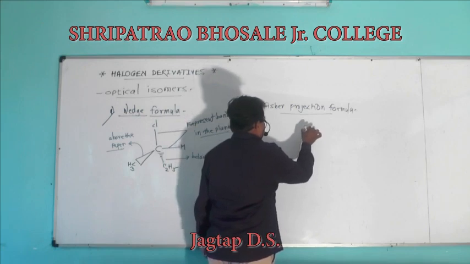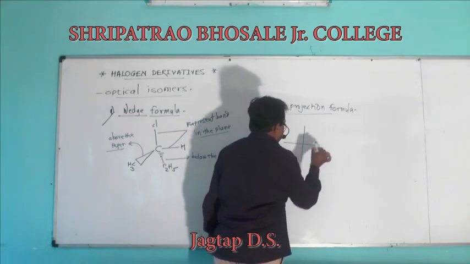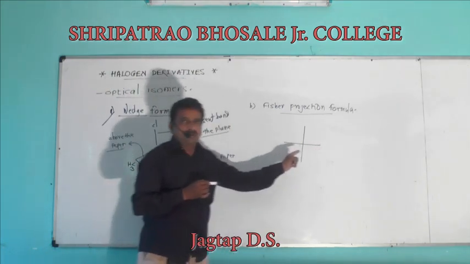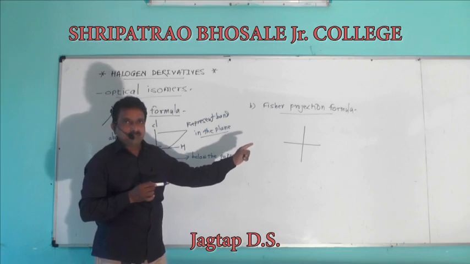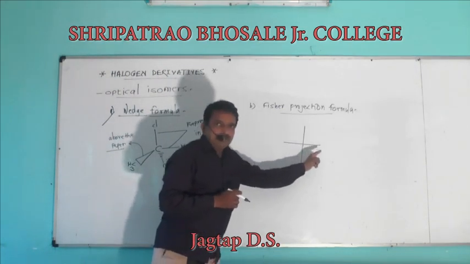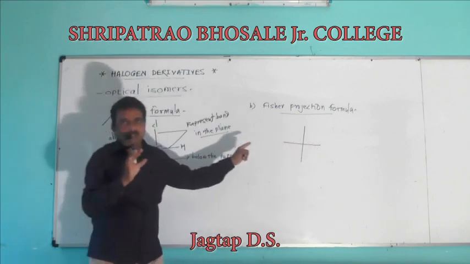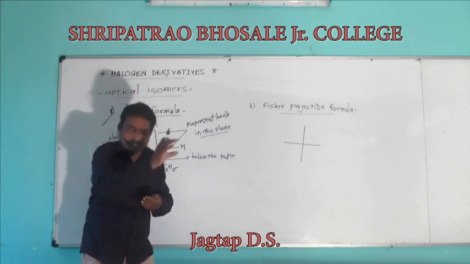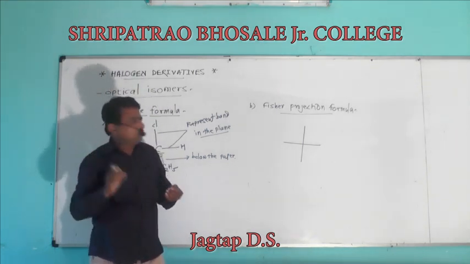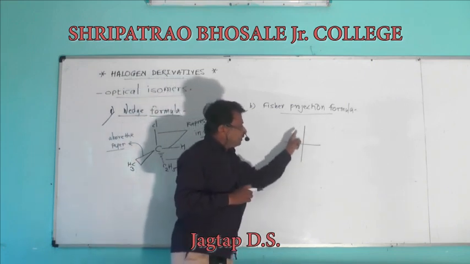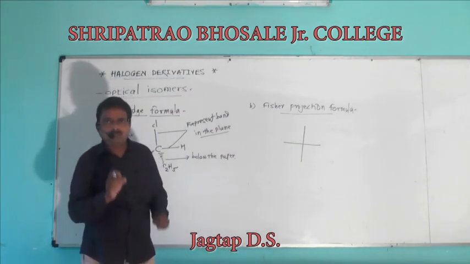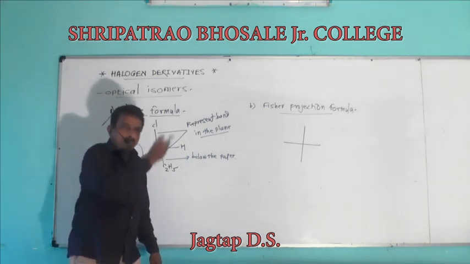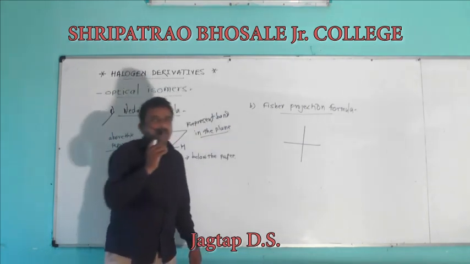The horizontal line represents the bonds projecting up from the carbon, that is coming out of the page, while the vertical line represents the bond going into the page, that is going below the carbon atom.